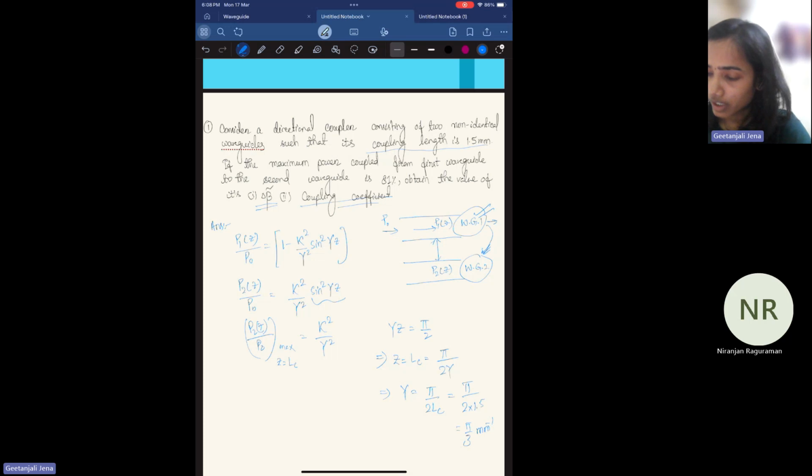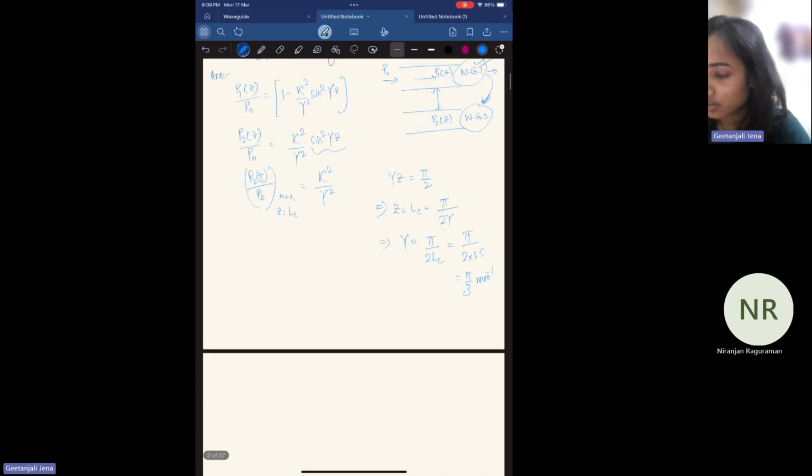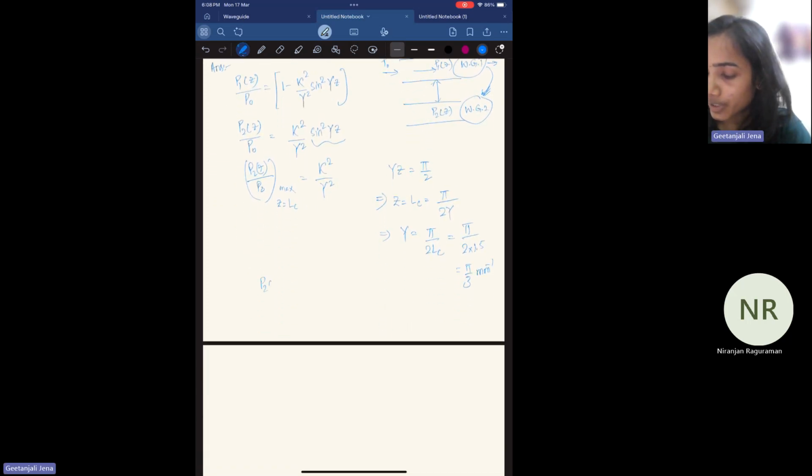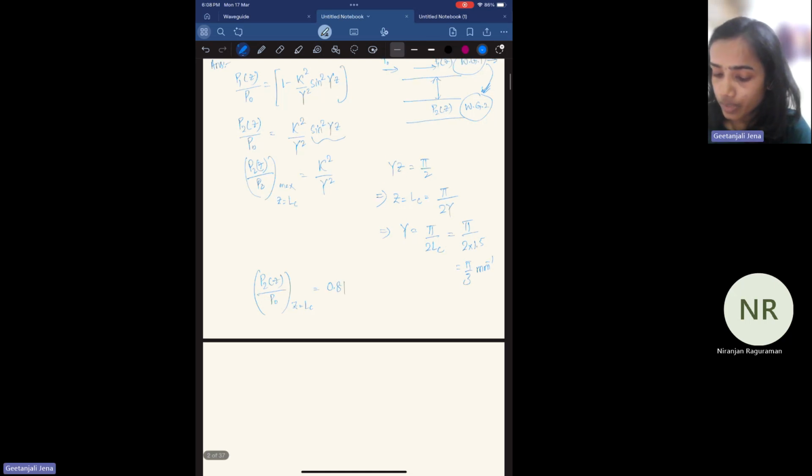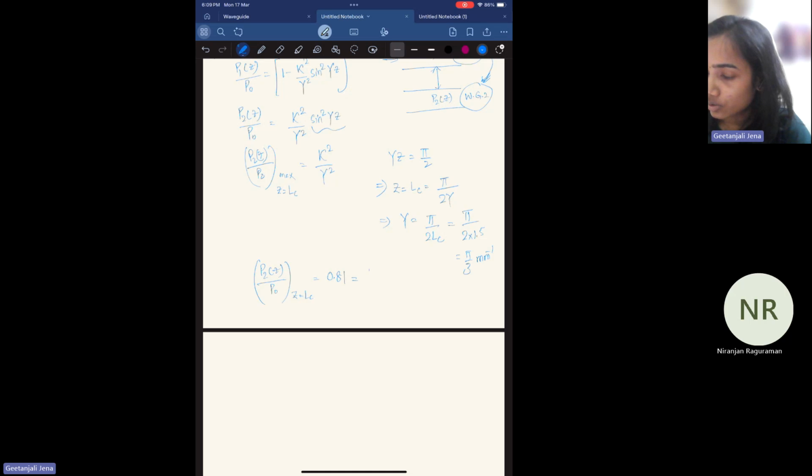For that, we can use the information given, that the maximum power coupled from the first waveguide to the second waveguide is 81%. This is the power coupled at the coupling length because it is the maximum power. So we have P2(z)/P0 at z equal to Lc is 0.81, which is equal to kappa squared over gamma squared.